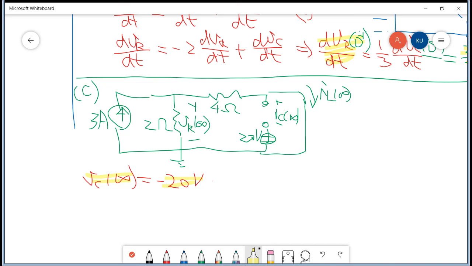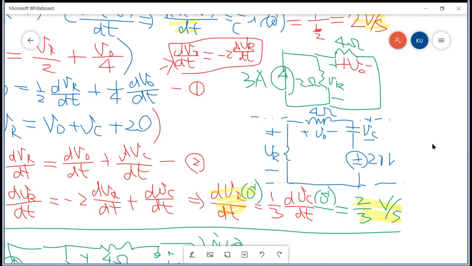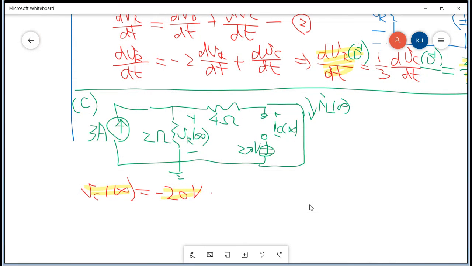And the next one, we may find that this is more or less the same circuit as this one, which means that the voltage here is 4 volt.